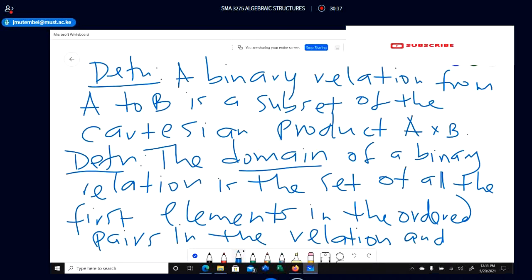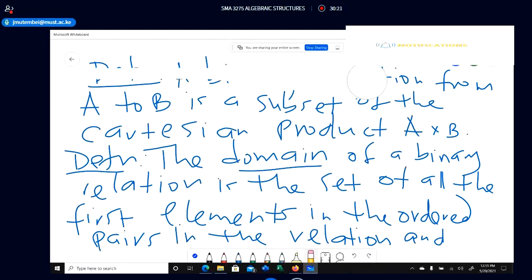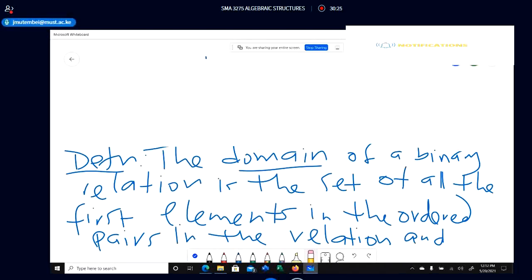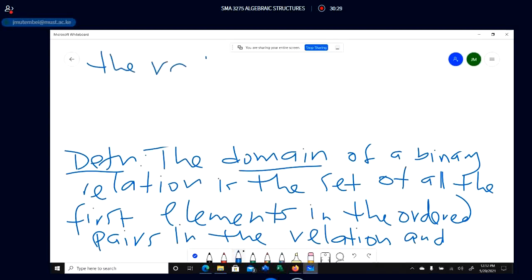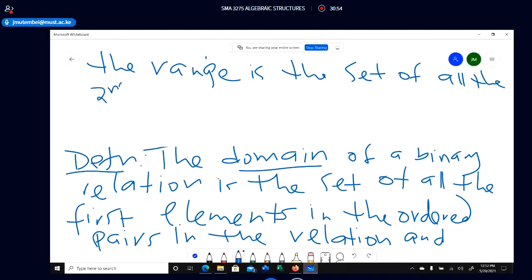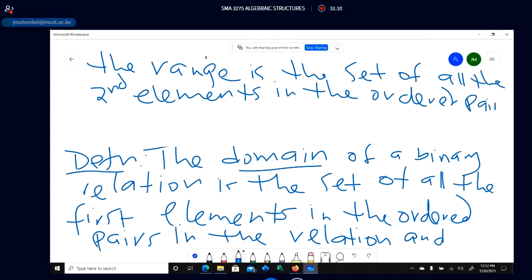And the range is the set of all the second elements in the ordered pairs in the relation.